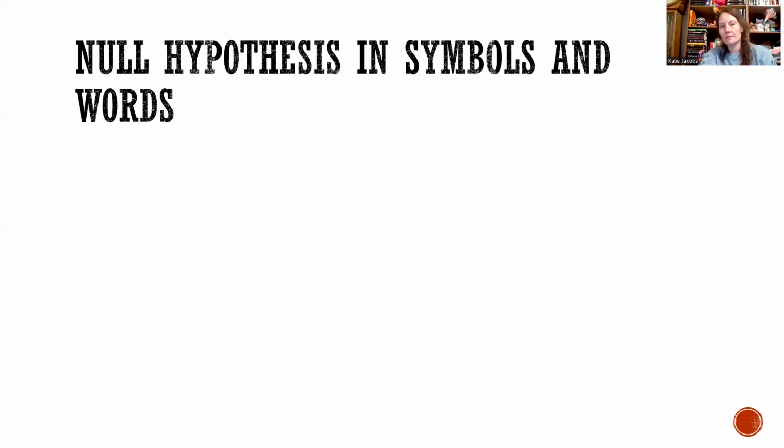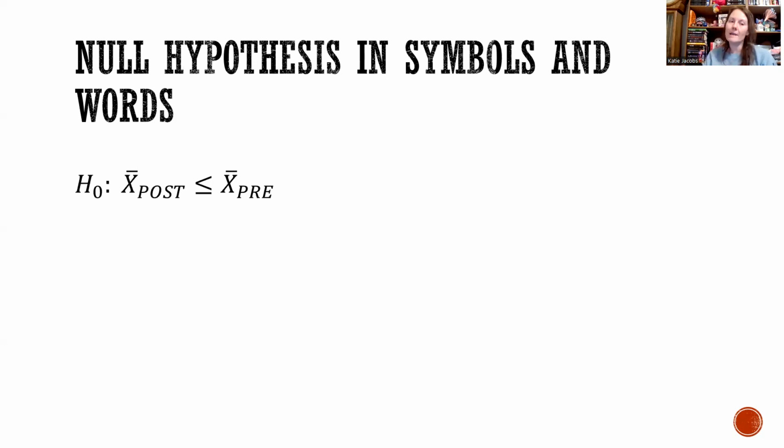Okay, so then once we write our research hypothesis, we need to write our null hypothesis in symbols and words as well. So we have H sub 0, that is the symbol for our null hypothesis. Then we're going to put a colon to say, here comes our null hypothesis. And here we'll see it's a little bit more complicated when we write our hypotheses directionally, because in our research hypothesis, we said that the post-test was significantly greater than.